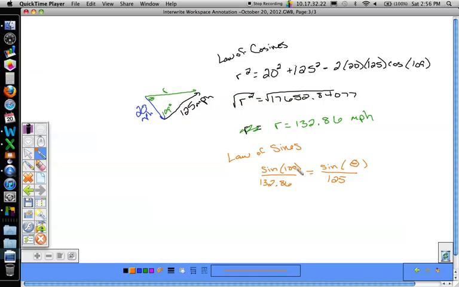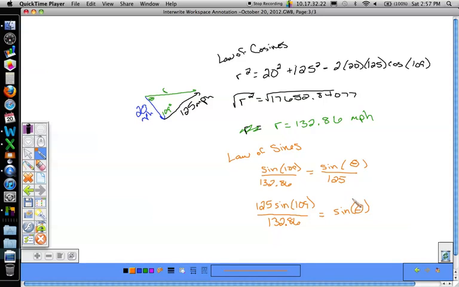So we do some multiplication here. We multiply both sides by 125 to get rid of it down here and get it over there. We end up having 125 times the sine of 109 divided by 132.86 equals the sine of theta, and you can either put it in parentheses or not.